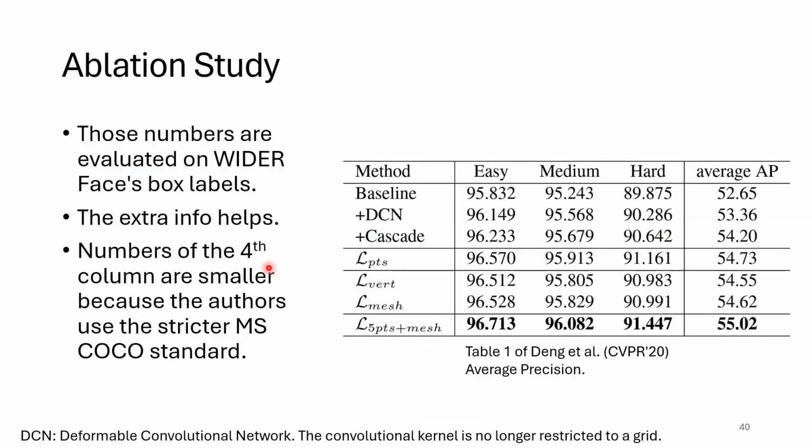So let's see their performance report. This is the baseline. The baseline is RetinaNet. Then let's add the deformable convolution network, slightly adjust it, and add the cascade classifier.